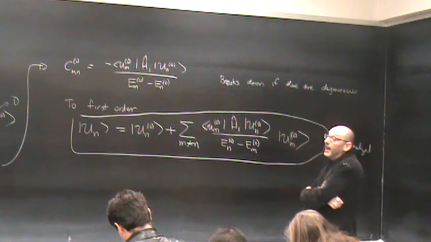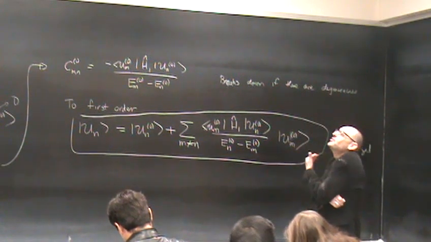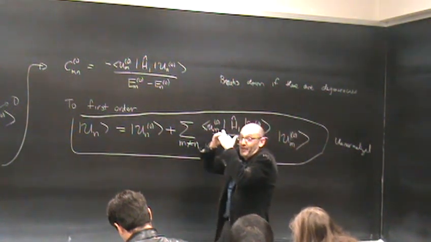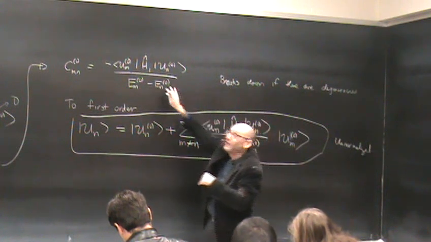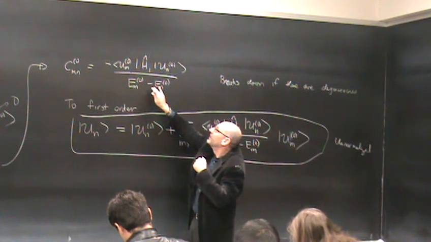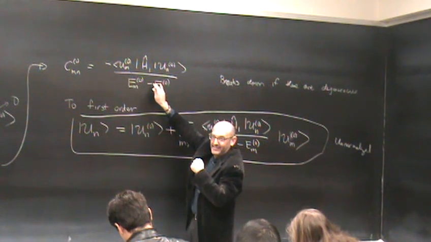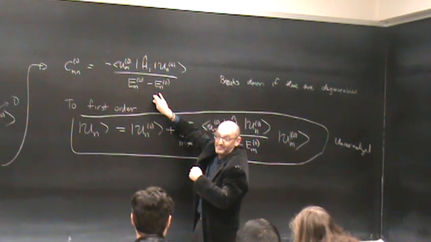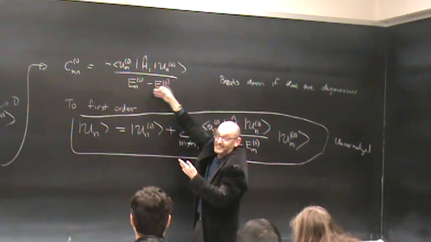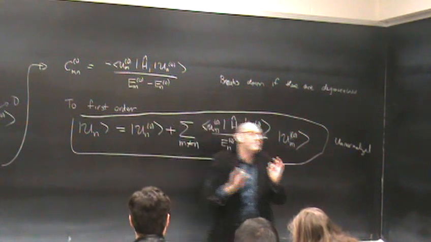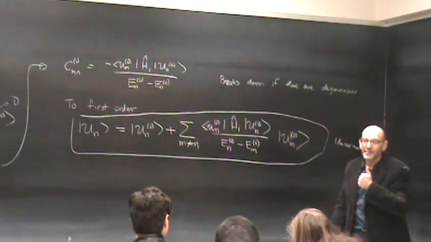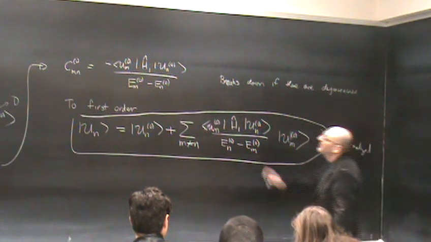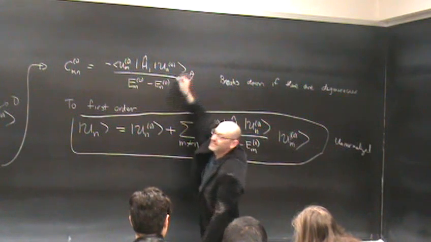That's right. It breaks down if it's too close to degenerate. Even if you have states that are very, very close to one another, and then you put on a big perturbation, this numerator is huge compared to that. And that would mean this doesn't converge. We're going to talk about degenerate perturbation theory and near degenerate perturbation theory. Okay?